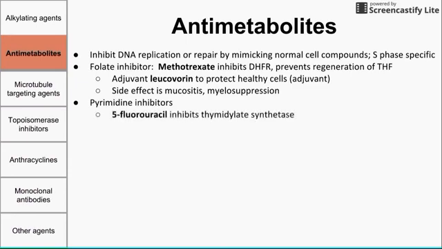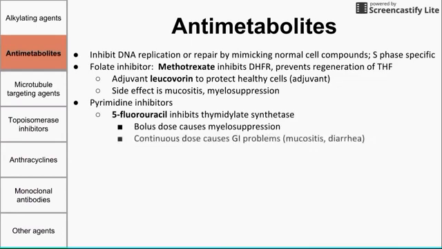Big one here is 5-FU, 5-fluorouracil, which inhibits the enzyme thymidylate synthetase. When you administer 5-FU as a bolus, it's going to cause myelosuppression. If you administer it in a continual dose, it's going to cause GI problems like diarrhea, mucositis. So the side effects of 5-FU depend on how you administer it.